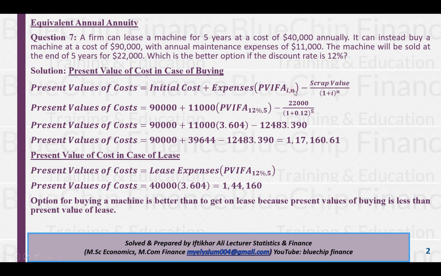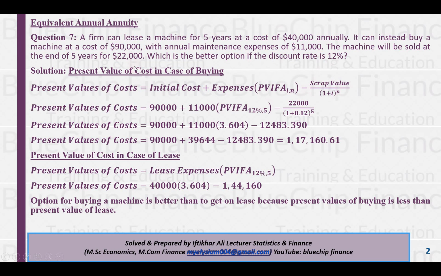Here your expenses are similar, so we are using PVIFA, and your discount rate, interest rate, is 12%, and time period is 5 years, so N is 5, and minus scrap value.